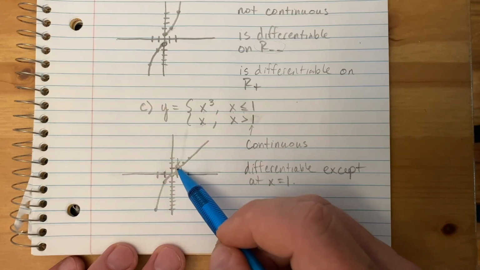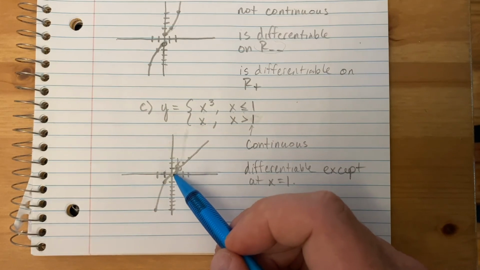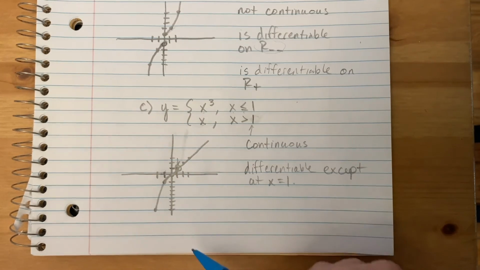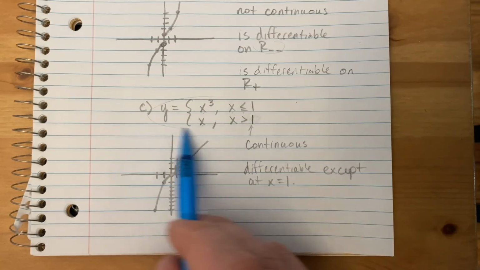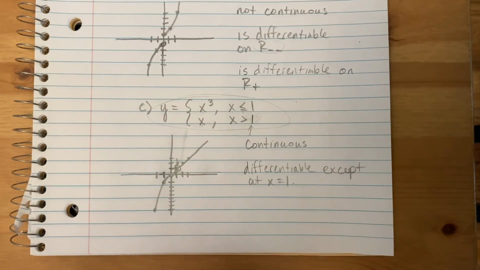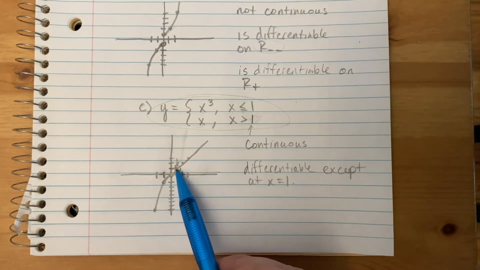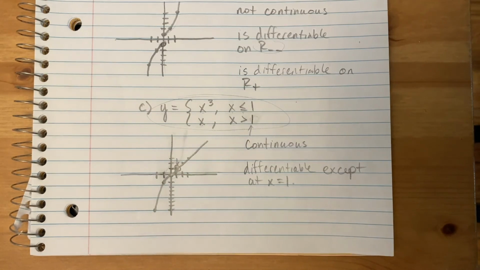There's a little kink in there, and it's hard to see that there's a kink there. The way I've drawn it, it's pretty small. But if you plugged this into a nice graphing tool on the internet or something, and you could zoom in there, you would see that there's a kink there. So it's not smooth at that point.